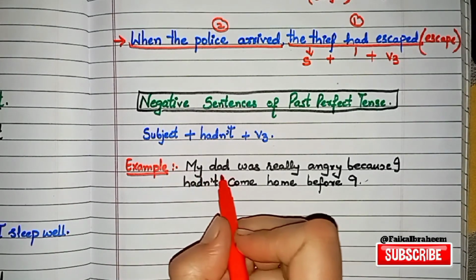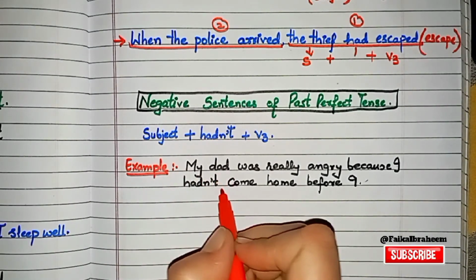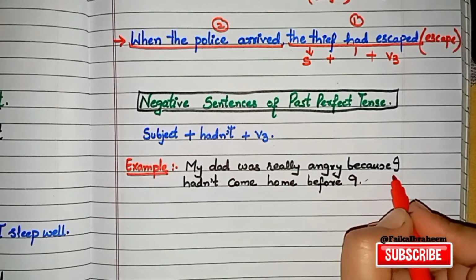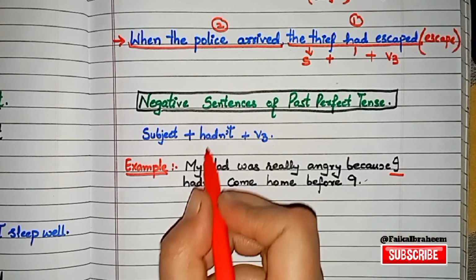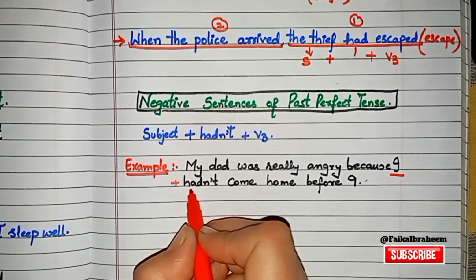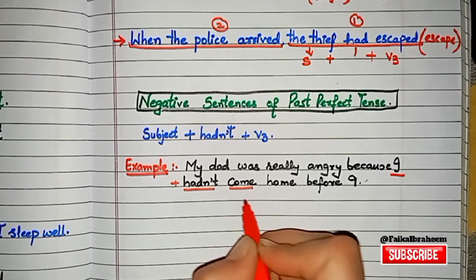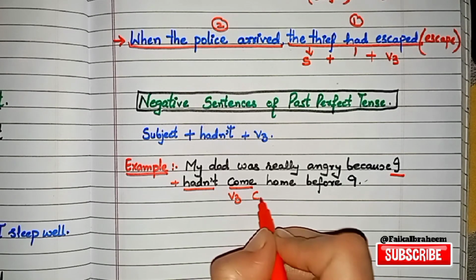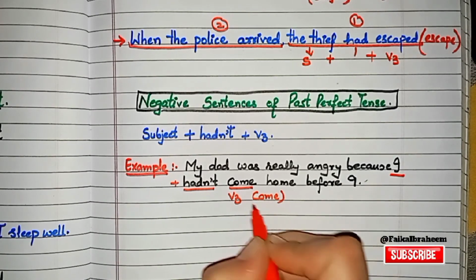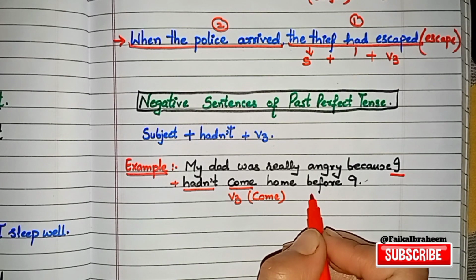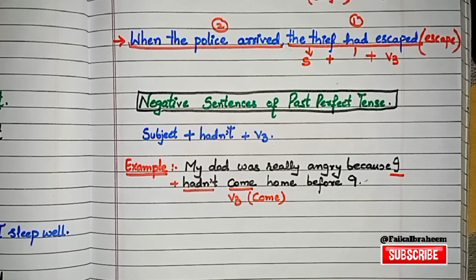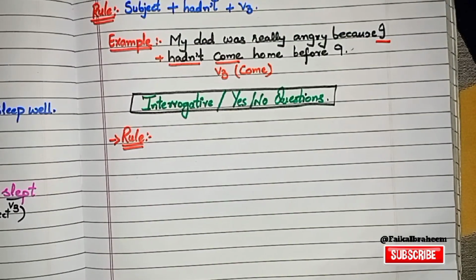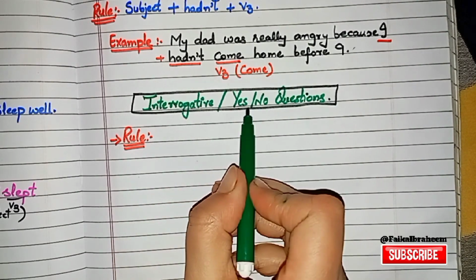So here, this is I subject plus had not plus come, third form of verb. Come, came, come.